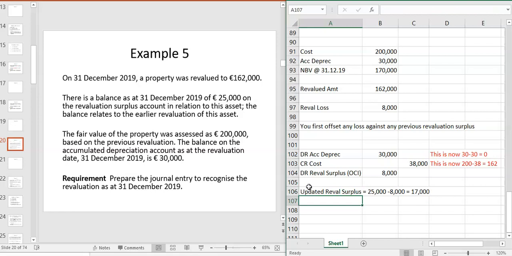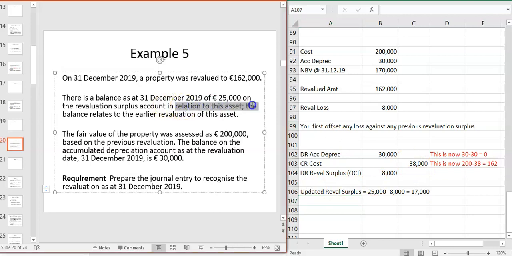So you see, when you have an existing revaluation surplus, the key thing being it must be in relation to that asset. You cannot use a revaluation surplus related to other assets. So you must match the surplus with the particular assets you're revaluing. So the rule is there, any reval loss first goes against the reval surplus. There is another little quirk to watch for.